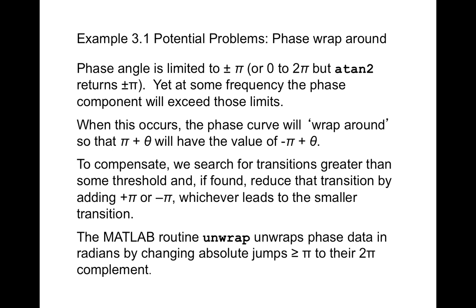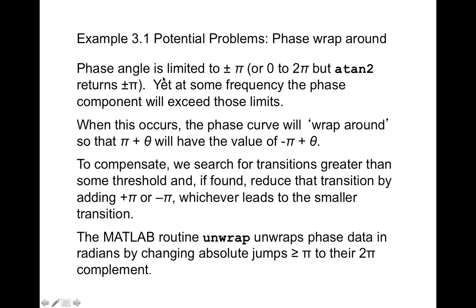And if one is found, you reduce that transition by adding plus pi or minus pi, whichever gives you the smallest transition. In other words, you don't want angles greater than 180 degrees or less than negative 180 degrees. So if you had 240 degrees, you would want to adjust that so that it actually came out to be negative 120. So that's what this is basically saying.